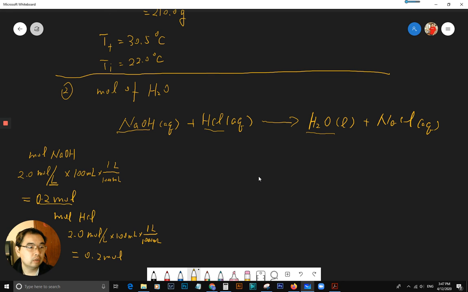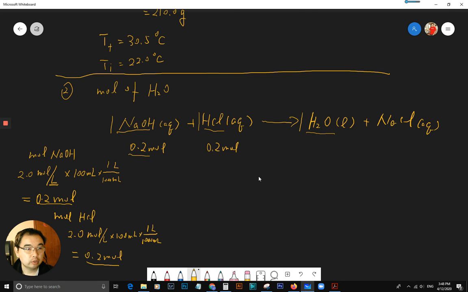So the mole of the sodium hydroxide and the mole of the HCl are the same. We have 0.2 mole of the sodium hydroxide and 0.2 mole of the HCl. And you can see, 1 mole of the sodium hydroxide reacts with 1 mole of the HCl to generate 1 mole of the water. So this is a 1 to 1 to 1 ratio.